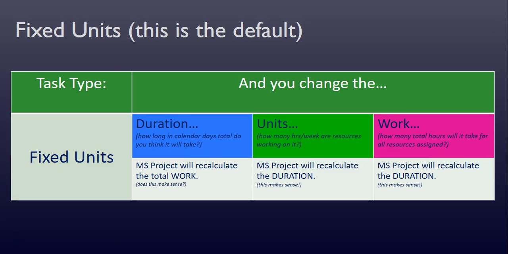So this task is set as a fixed units task, and that's the default. And all it means is that for a fixed unit task, when you change the duration, that's what we did, right? We changed it from 1.2 weeks to 2 weeks. Microsoft Project is going to recalculate the total work. So that was what Project wanted to do, which was increase the work from 80 hours to like 136 hours.